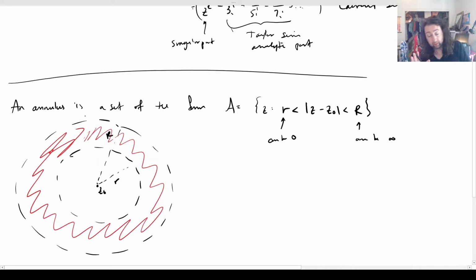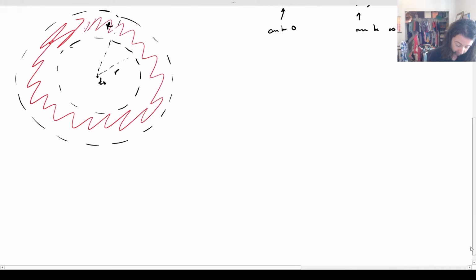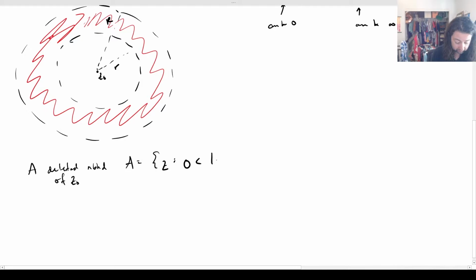So we're going to be interested in the case where functions are analytic on an annulus. We've been working quite a bit with one really special case of an annulus already, which is the deleted neighborhood. So remember, a deleted neighborhood of z naught has the form A is equal to all points z of the form 0 is less than the modulus of z minus z naught, which is less than some radius r. And those are sets that look like this.